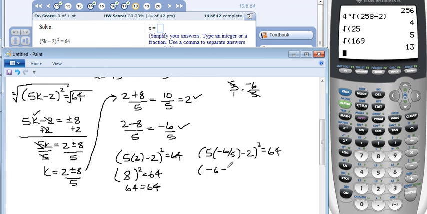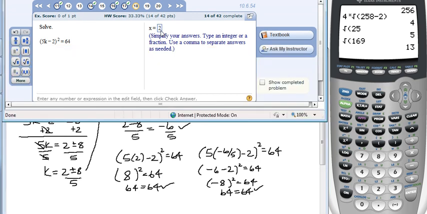Negative 6 minus 2 squared equals 64. Minus 6 minus 2 is minus 8. And minus 8 squared is 64. That one works as well. So they both work. These are both true statements. So you have 2 and negative 6 fifths for your answer.